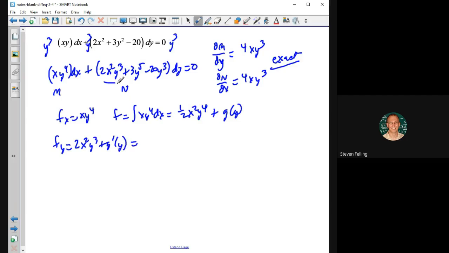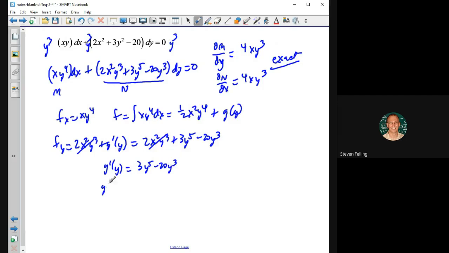We'll force that to be equal to this component, which is 2x squared y cubed plus 3y to the 5th minus 20y cubed. These cancel, which means that the g prime has to equal what's left, 3y to the 5th minus 20y cubed, right?